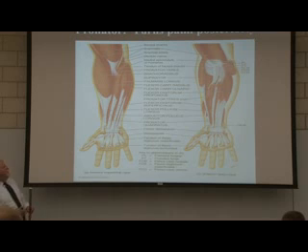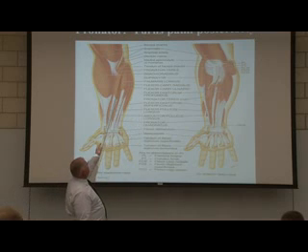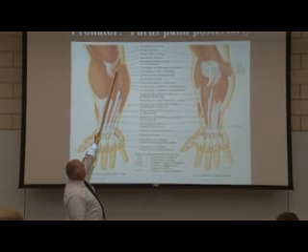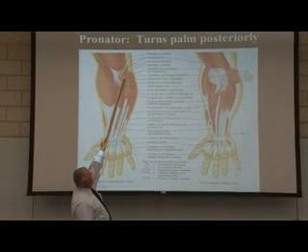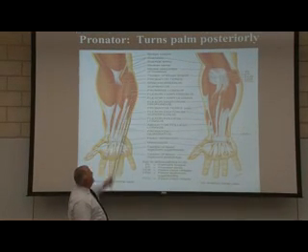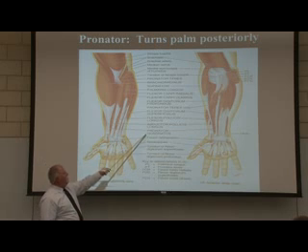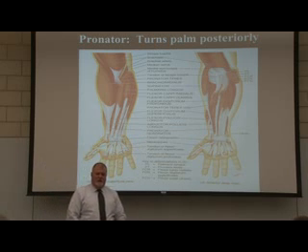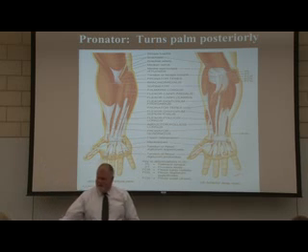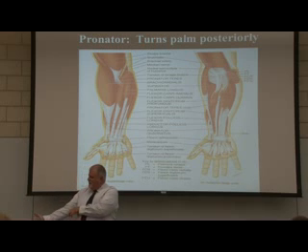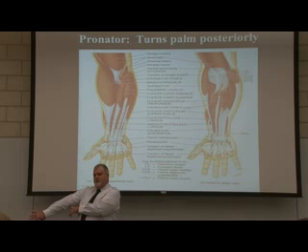So pronator, we have a muscle that's more superficial in our elbow that we can actually see, called the pronator teres. And then we have a very deep muscle that's down on your list, at the other end near your wrist, which is called the pronator quadratus. So for the pronator itself, if we think about action, it's going to roll the radius like this, and its origin has to be over here, and its fibers have to run to the radius, which would be its insertion.